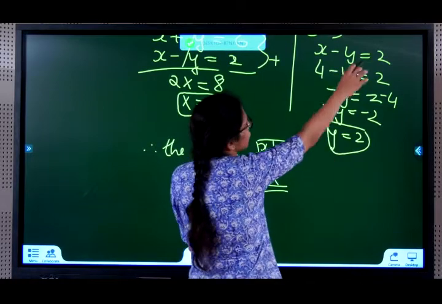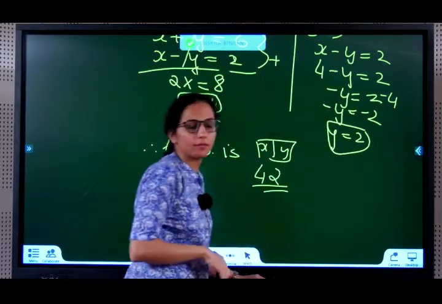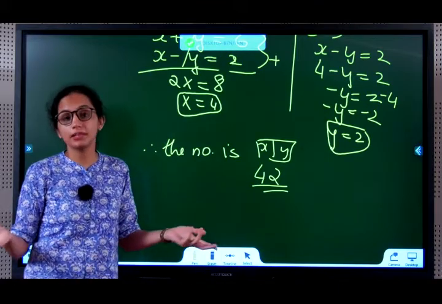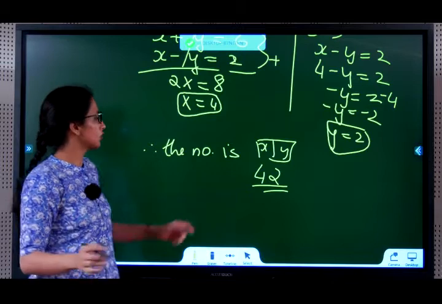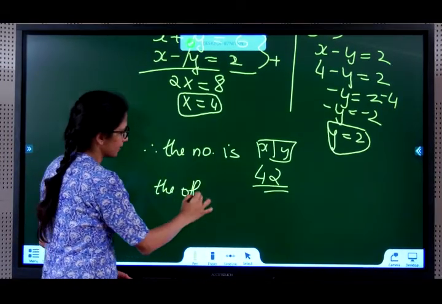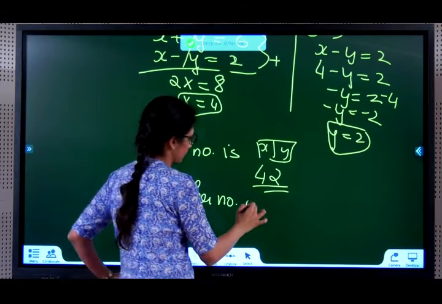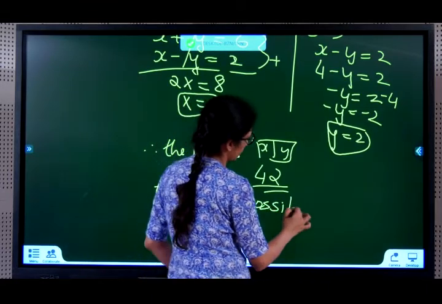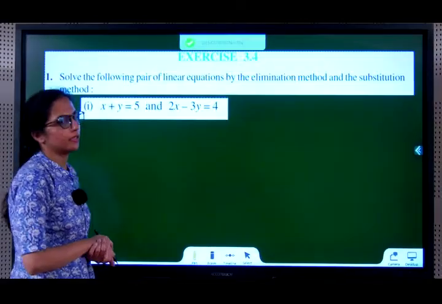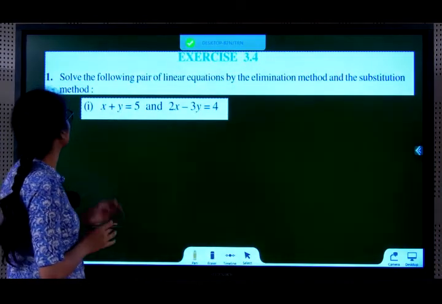So I took x minus y as 2, correct? While forming the equation. What if you take y minus x as 2? Because they have not told who is the bigger digit, right? Then you will get 24. The other number possible is 24.